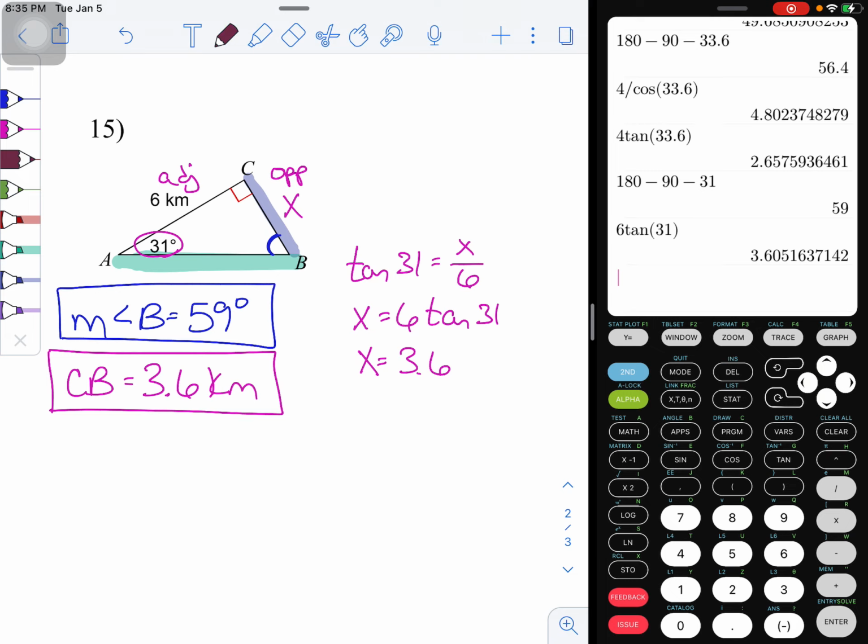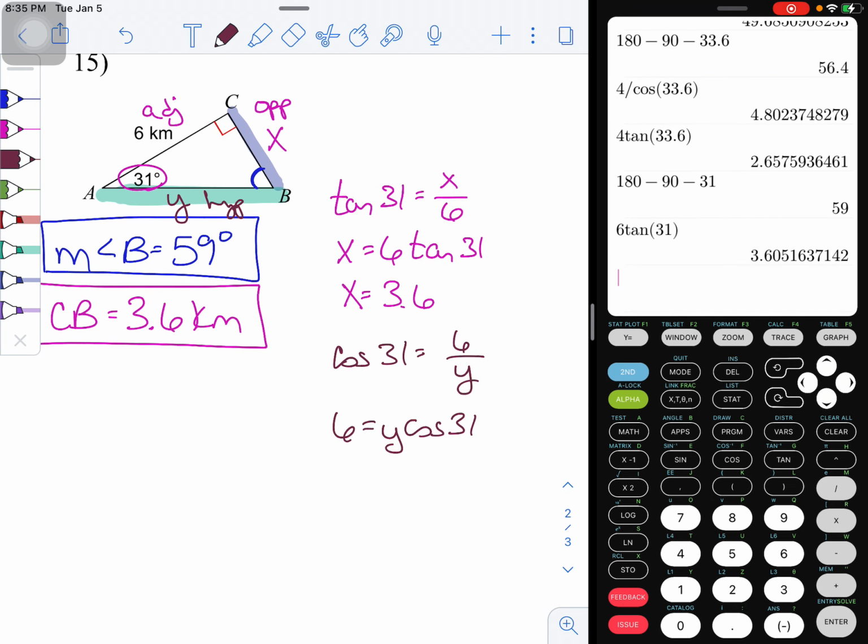All right, and one more time, I'm going to do AB here. I'm going to label that as Y, and I know that's the hypotenuse. So let's see. If I use adjacent and hypotenuse, I would have cosine of 31 equals the adjacent over the hypotenuse. So 6 is equal to Y cosine of 31. Divide everything by cosine of 31.